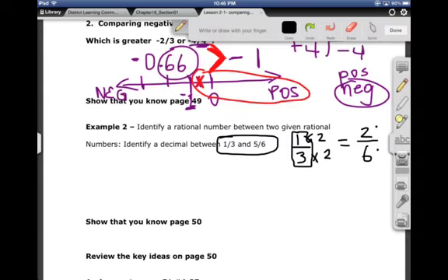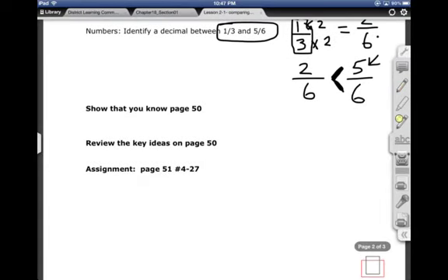But we need them to be out of 6. So we look at 2/6 and 5/6. And once they're out of 6, you can see which is larger. If all we need to do is get one more out of 6, and this would be a whole value. So poor little 2 out of 6 is smaller and is envious and wants to eat the more superior 5 out of 6. Pretty straightforward.